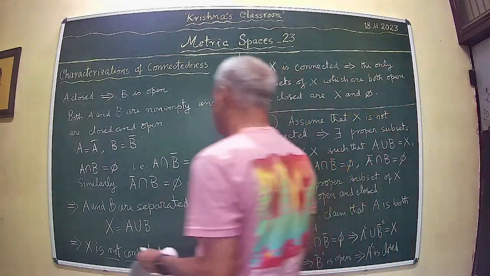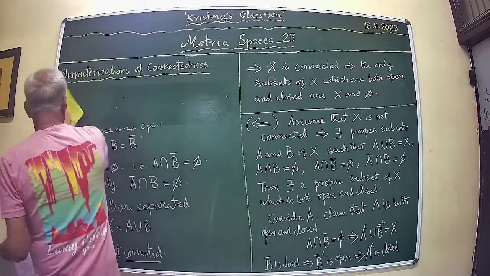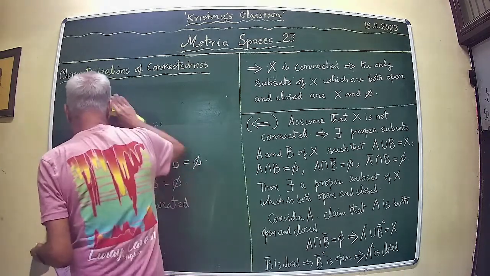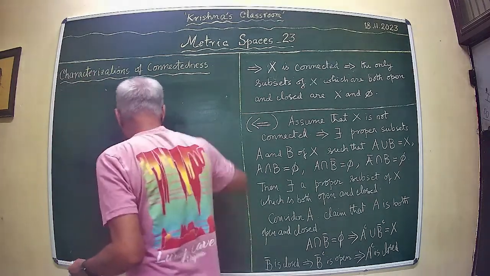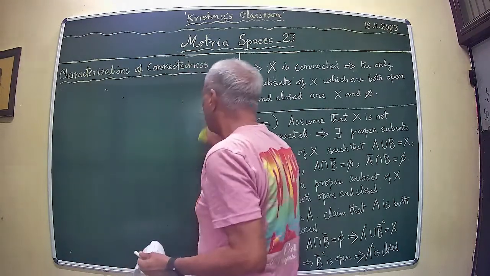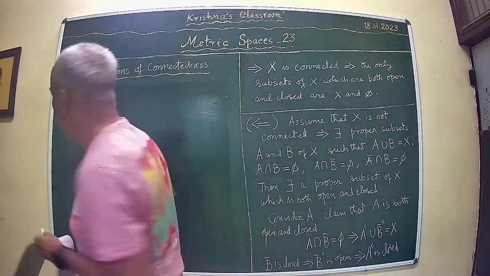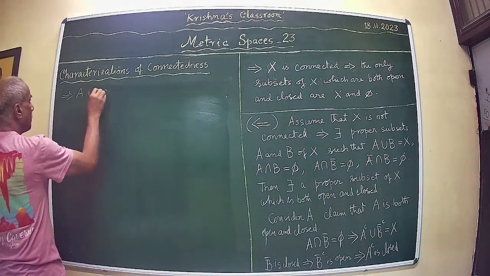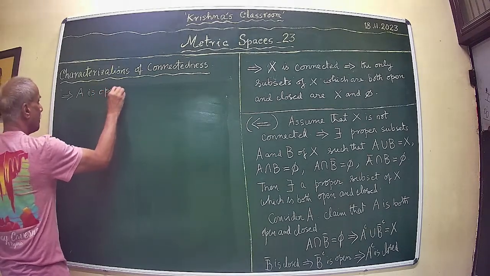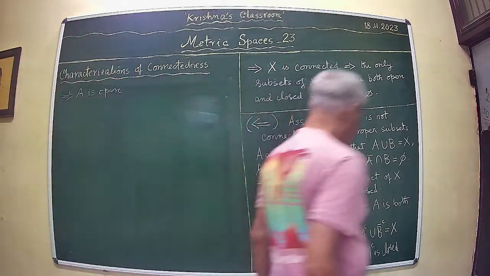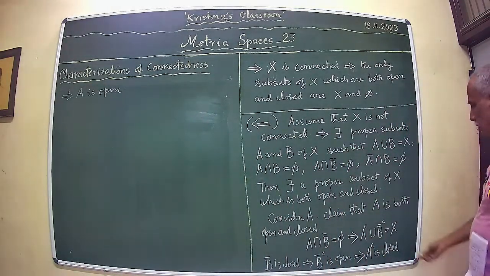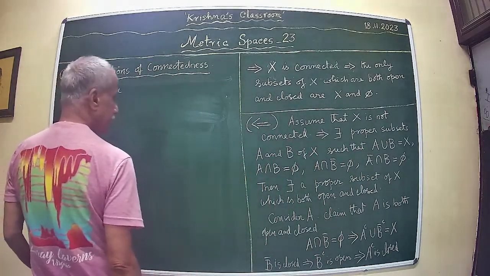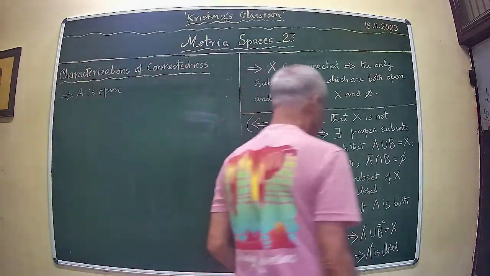If A complement is closed, then A is open. A complement is closed, which implies A is open. So A is open. And what is the consequence of that?